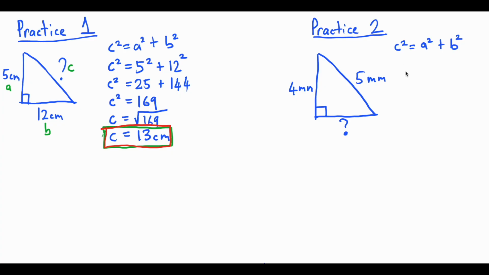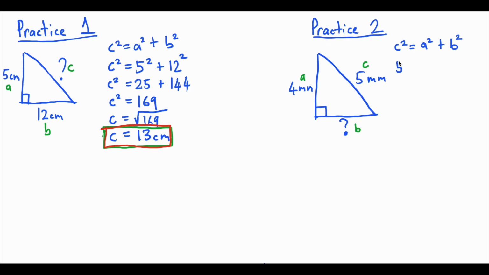What is the hypotenuse? 5 millimeters. So 5 millimeters. I like how y'all using your units. Love it. So this here is c. So this 5 is c. And these here could be either a or b, right? All right. So let's say this is a and here is b. Okay, so then we have 5, which is c, or the hypotenuse.